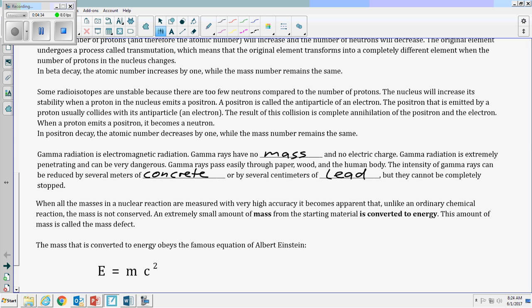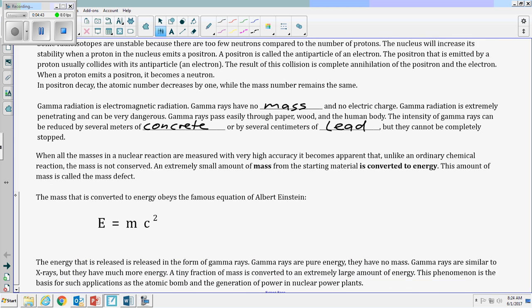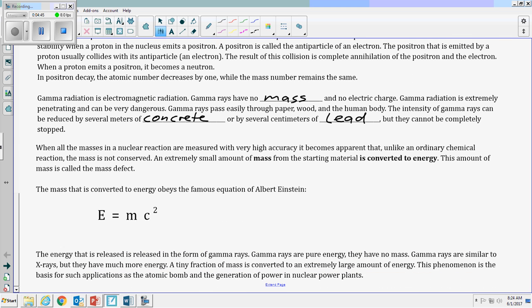If we measure the mass of the reactant and the mass of the products very, very carefully, with very good scales, then we notice that a tiny little bit of the mass, so little that we usually don't notice it in the mass numbers, is not conserved and is completely disappearing, changing into pure energy, according to Einstein's equation.